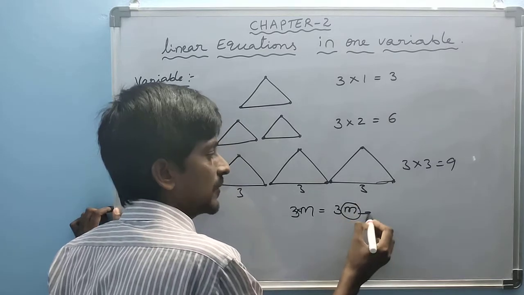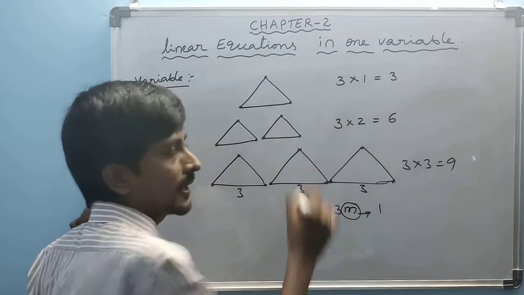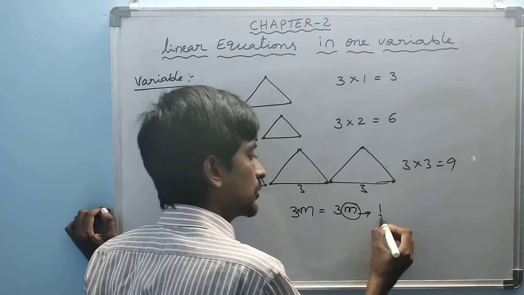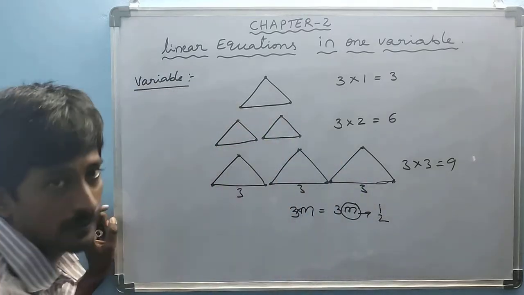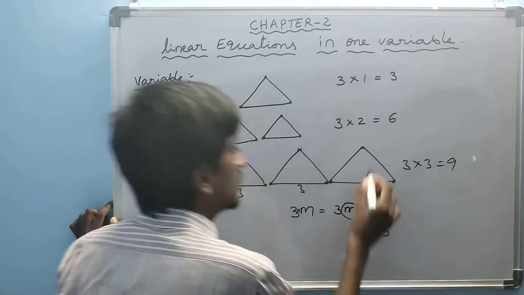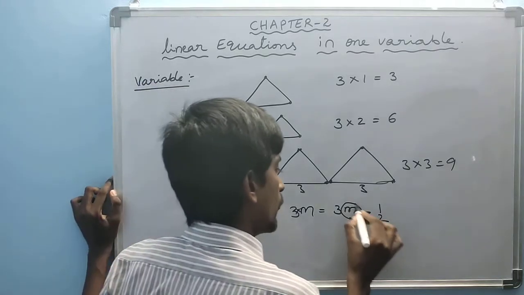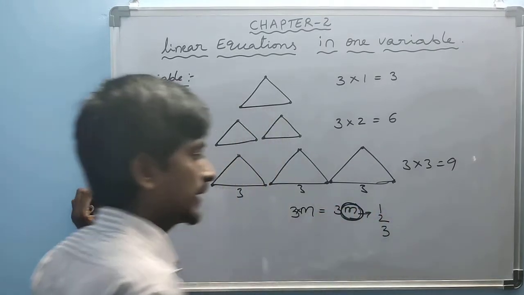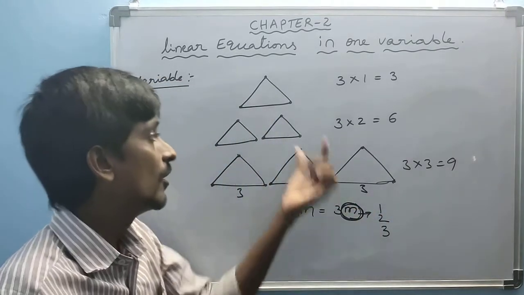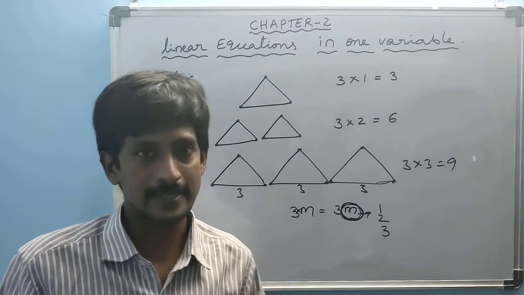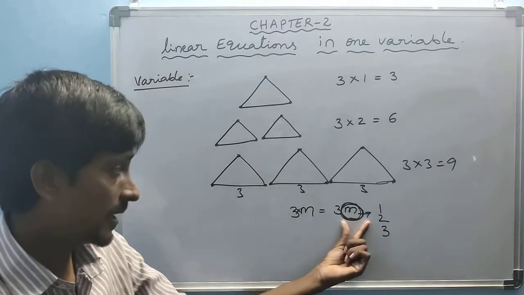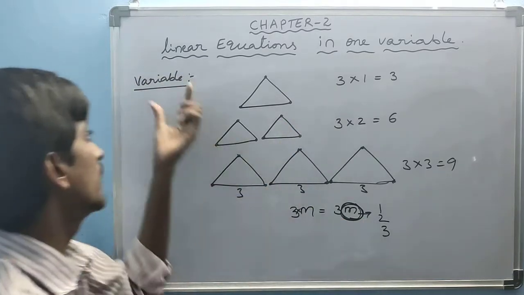In the place of m, you substitute one triangle, it came. If you substitute two triangles, if you substitute three triangles, it came. So here one letter is used in the place of the number of triangles. That way that letter is called a variable.